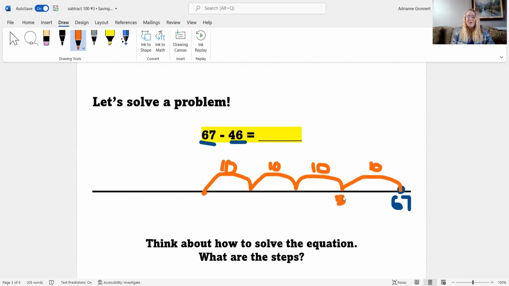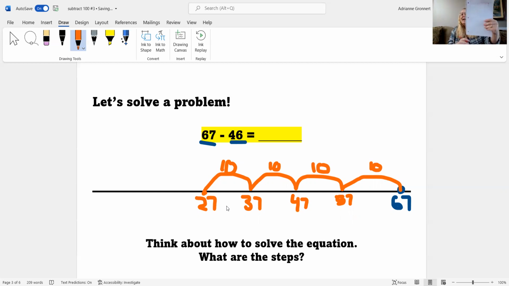I love how good you're getting at counting forward and backward by 10. 47, 37, and 27. Super job. Okay, did you mark that on your number line? Make sure you did. I'm doing that right now.